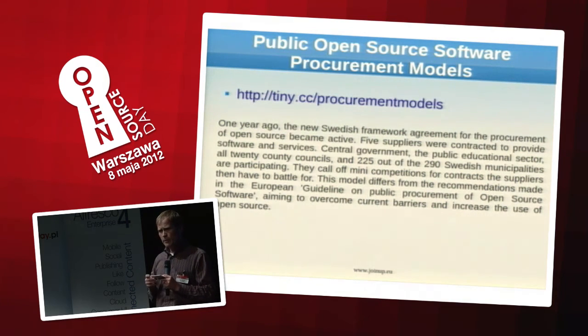As I already mentioned a bit with the numbers, there's about 300 municipalities there. And when the first version of this framework contract came out in 2007, the amount of money used through this framework contract for open source started growing by 10 to 15% per year. And they updated the version last year, and they ironed out a few of the errors.